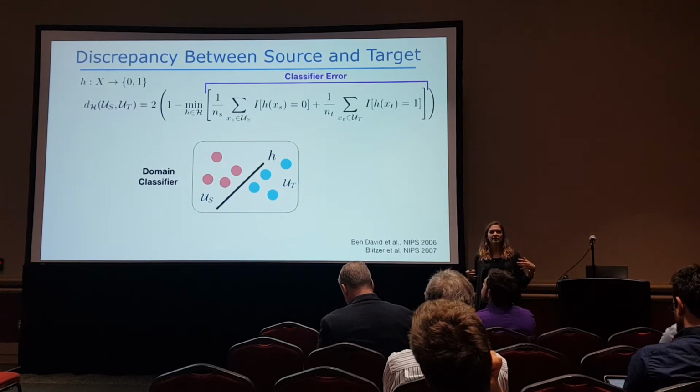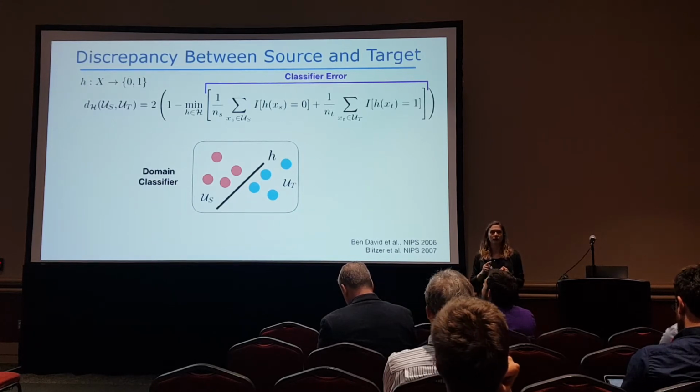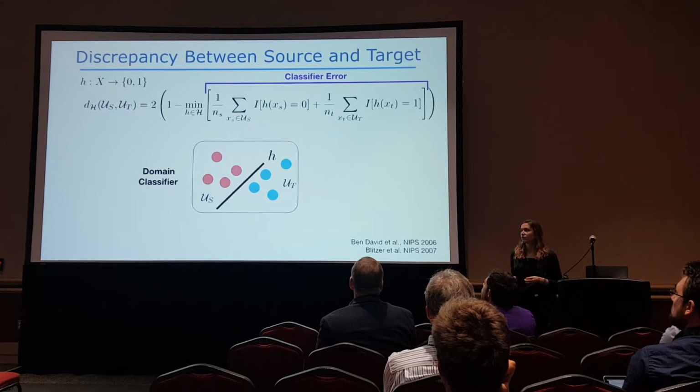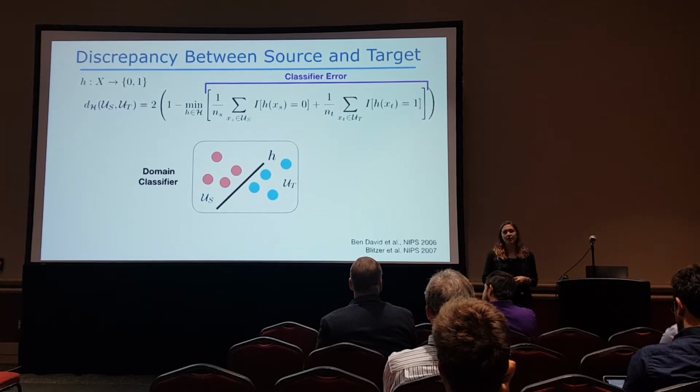So kind of the important takeaway from this is that we have this distributional distance notion called discrepancy. And it's an important notion because it gives us some sort of a function of the upper bound that we should expect in our desired test set. And you can compute this discrepancy by looking at the error of the domain classifier.